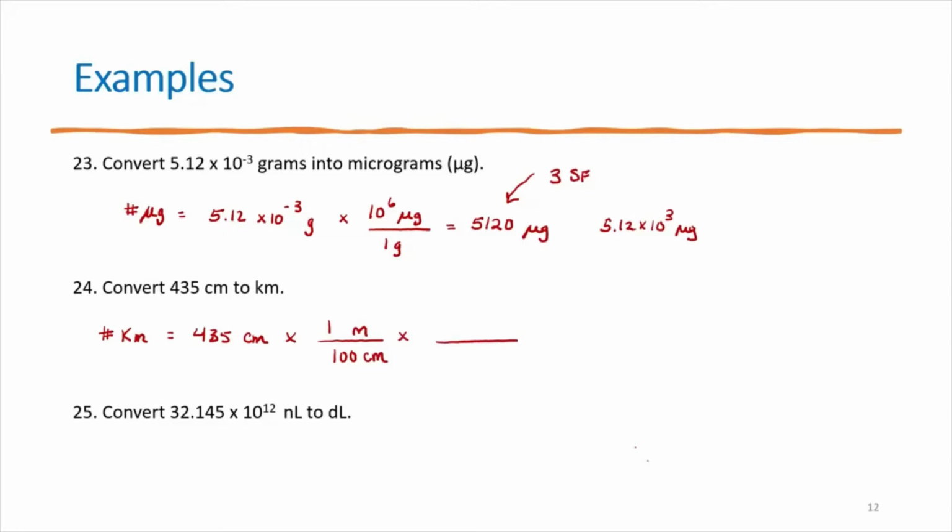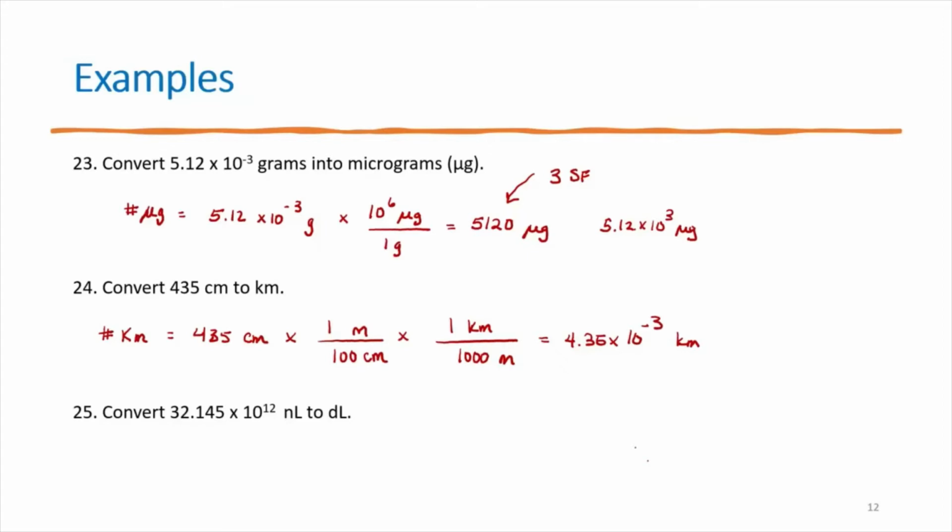Now that I have meters, I can convert to kilometers. I know 1 kilometer has 1,000 meters. This gives me an answer of 4.35 times 10 to the negative third kilometers. Does that answer make sense to me? Yep. Centimeters are much smaller than kilometers, so when converting to kilometers, I expect the number to look smaller.